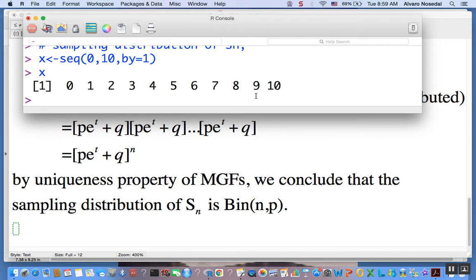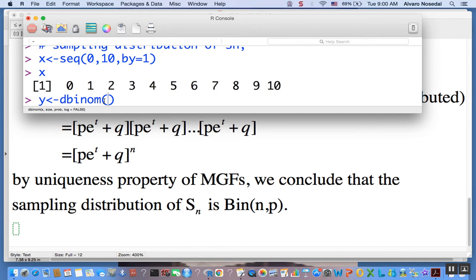So now let's evaluate the probability mass function at each of these possible values. To do that, we know that we can use the dbinom function, which stands for the distribution of a binomial.